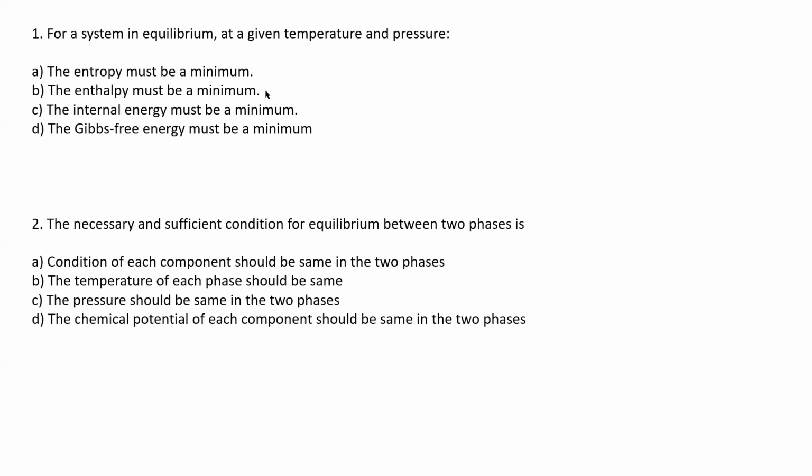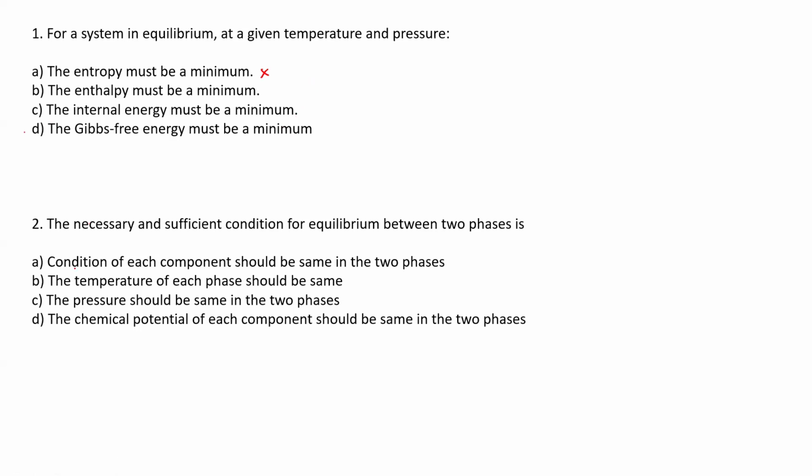No, because generally entropy tries to increase, it is always increasing. And the enthalpy must be minimum. No. Internal energy, no. The Gibbs energy must be a minimum. Okay, fine.